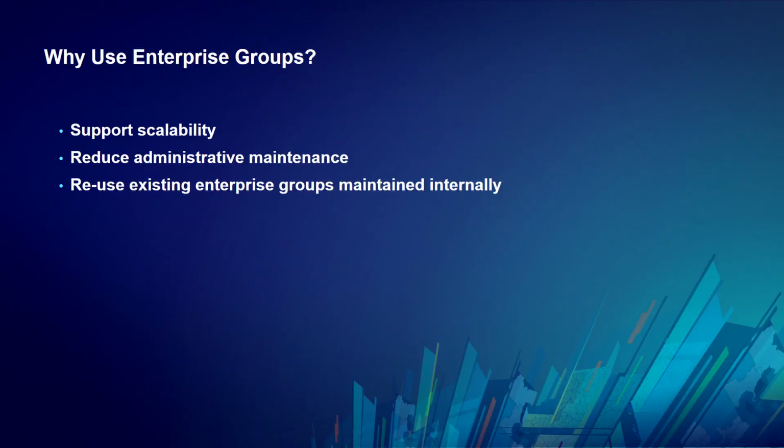As I've got up here, it supports scalability really well, reduces some administrative maintenance, and it takes advantage of groups that your IT department has already configured and is already maintaining in Active Directory. If they're doing the work to control which users are members of that group, you don't have to redo that work.